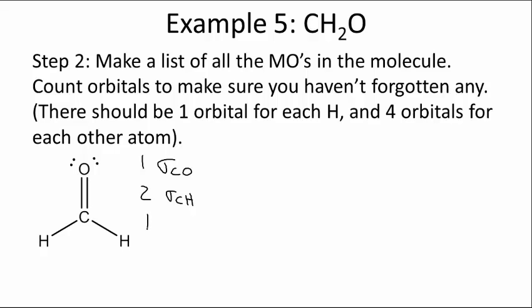All right. 1 pi CO. Now, every time I come up with a bonding orbital, what do I also need? A corresponding antibonding. So I'm going to need a sigma star CO, 2 sigma star CHs, pi star CO, and the remaining 2 non-bonding orbitals on oxygen, so 2 oxygen lone pairs.